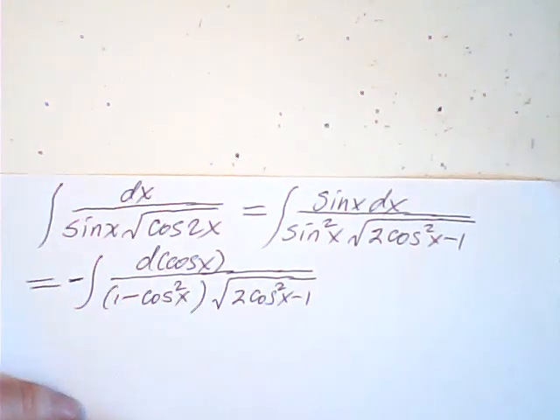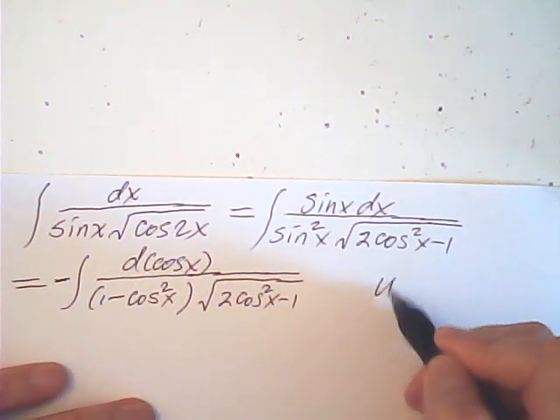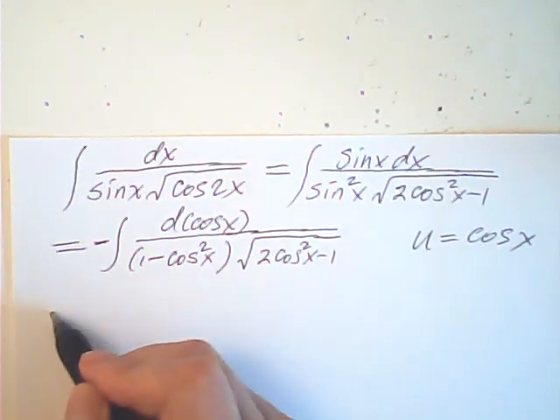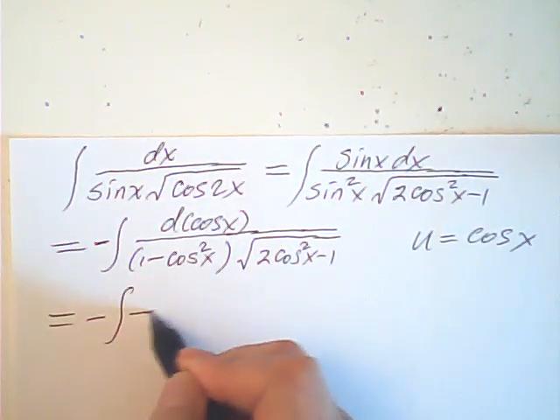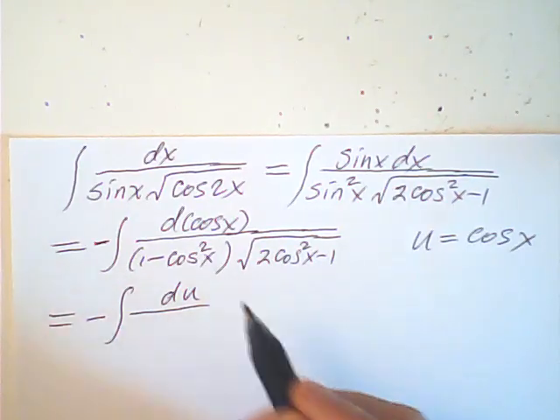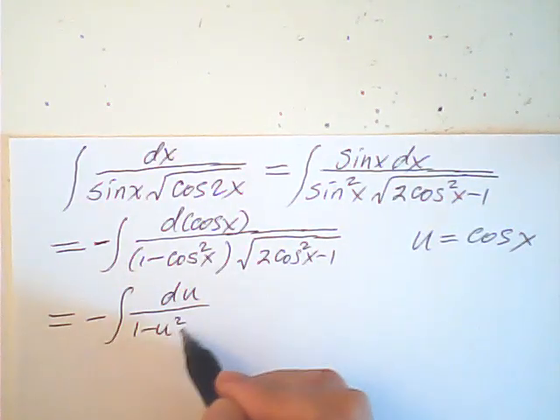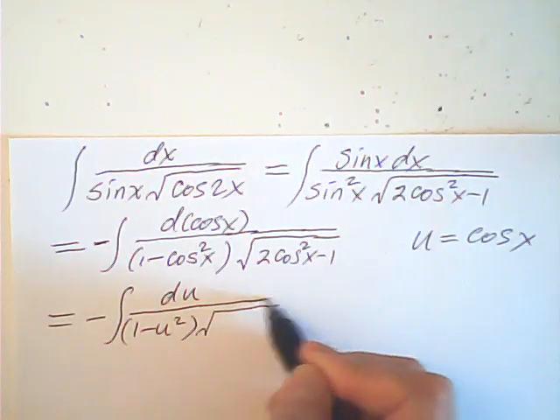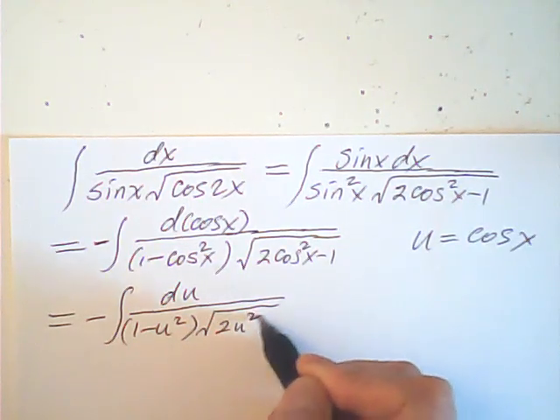Now it's ready for changing. I'll let u be cosine. So the integral has been changed into negative du over 1 minus u squared, and the square root of 2u squared minus 1.